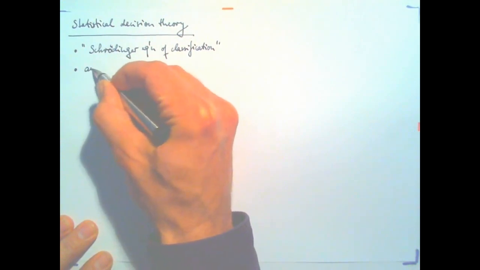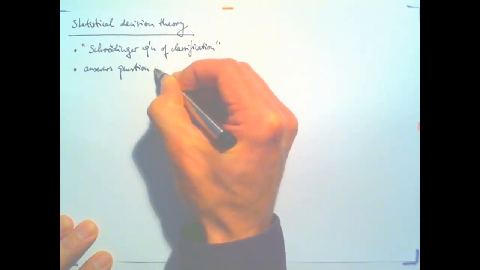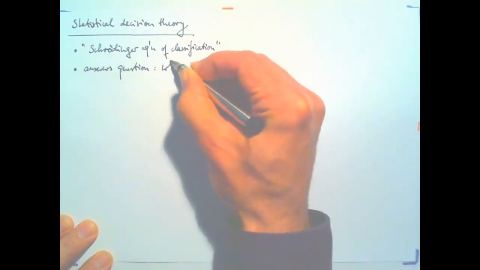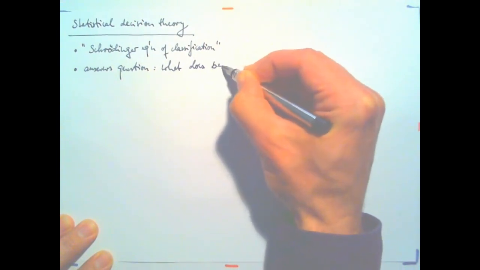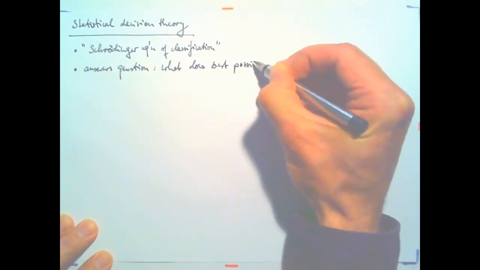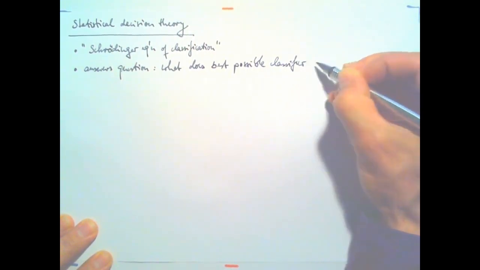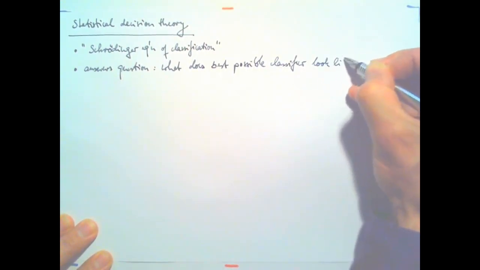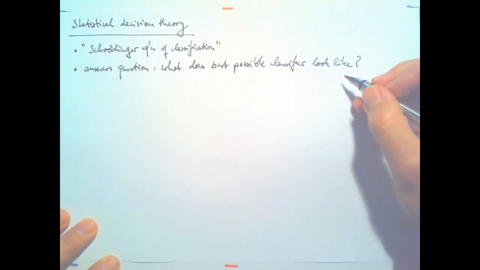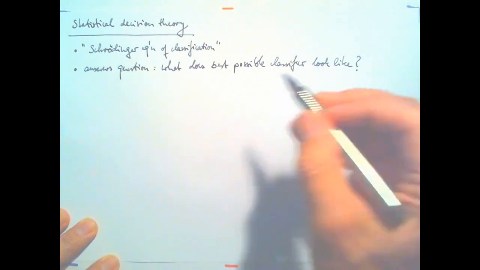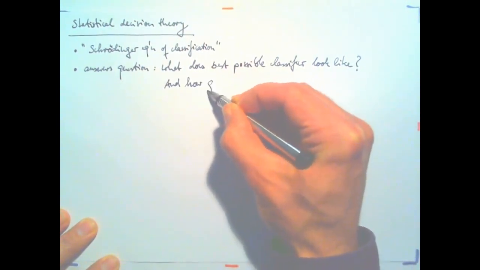It answers the question, what does the very best possible classifier look like? And beyond that, this best possible classifier, how good is that?